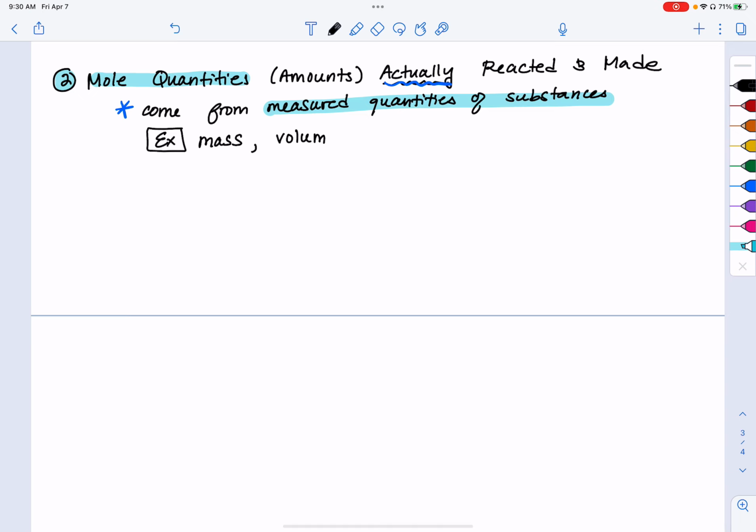If I were looking at a particular volume of pure water, I could figure out the moles based on the density and then the molar mass. We have spent extensive time talking about aqueous reactions. So another way to get these mole quantities or measured quantities of substances is by thinking about concentration of solutions, and so on.